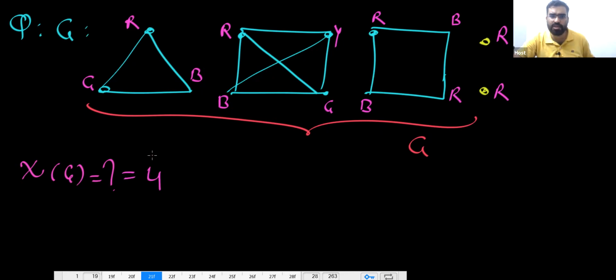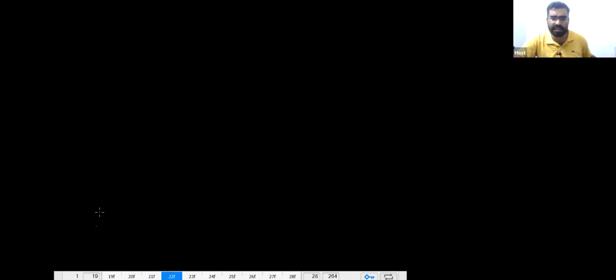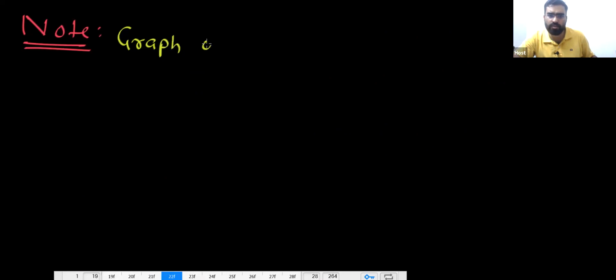The chromatic number is actually equal to 4, yes or no? Because your graph is like this. Can I say this very interesting note? Let's assume you have a graph with k components.